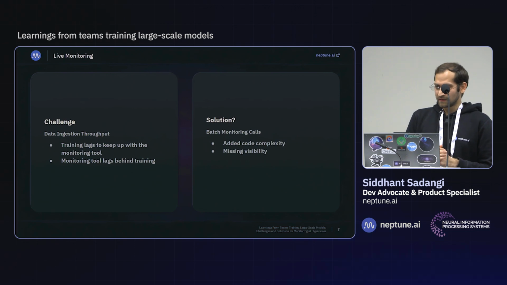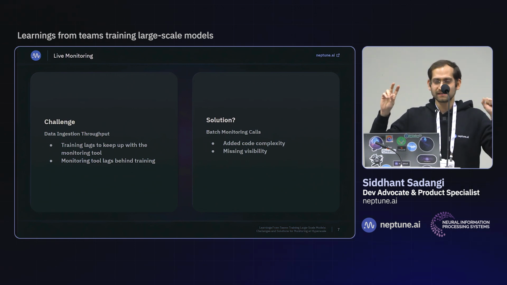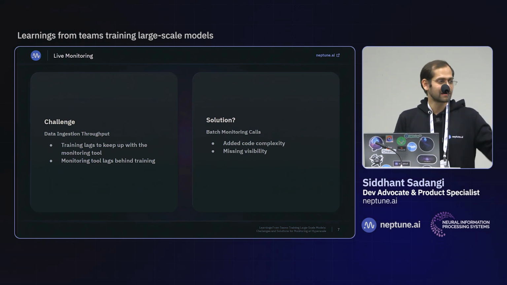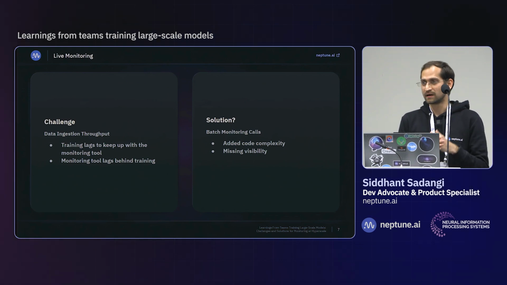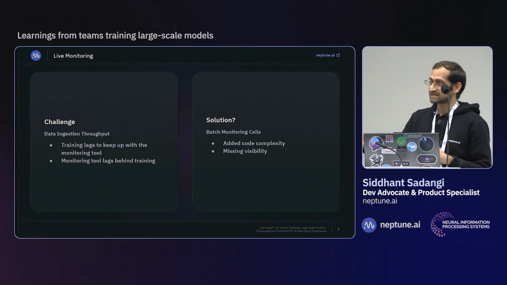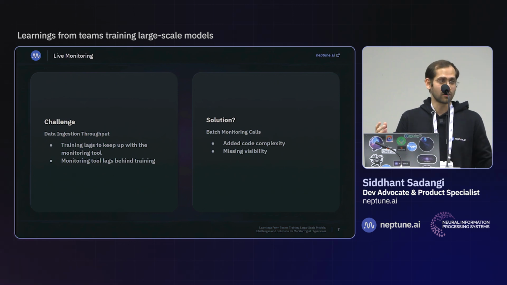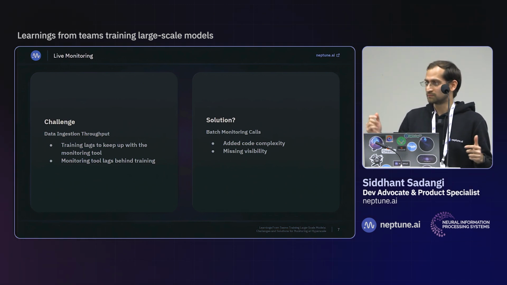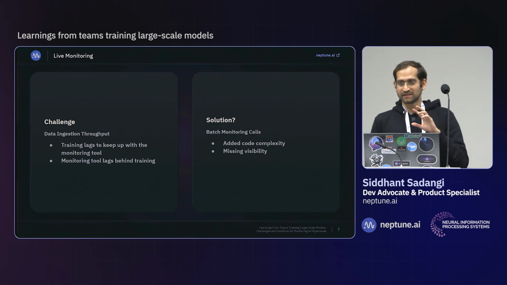Now, one solution that some teams use is they batch their monitoring calls. So, for example, instead of logging results at the end of every step or every epoch, they would batch and aggregate metrics, and log them at the end of every 100th step or 100th epoch. So this is not the true live monitoring I'm referring to, because it introduces two issues.